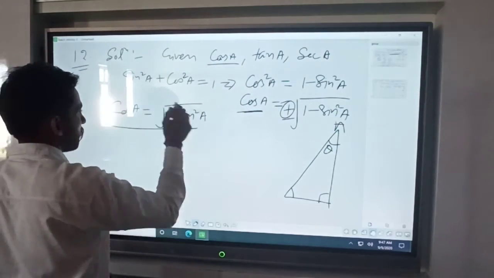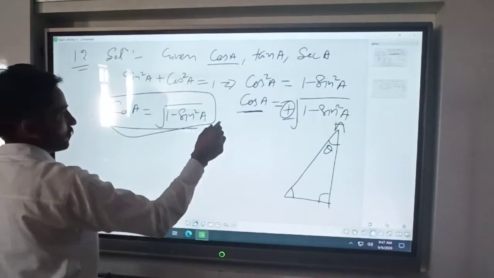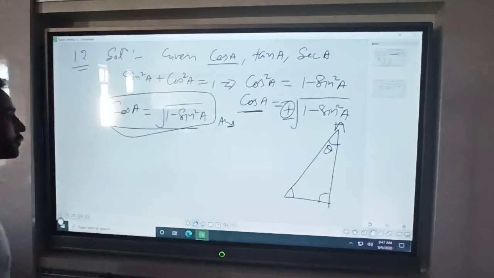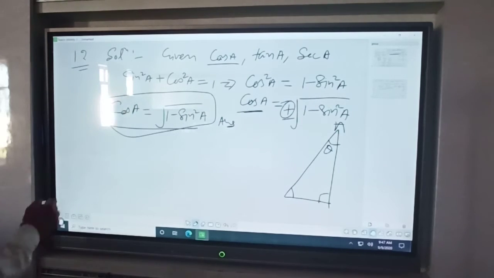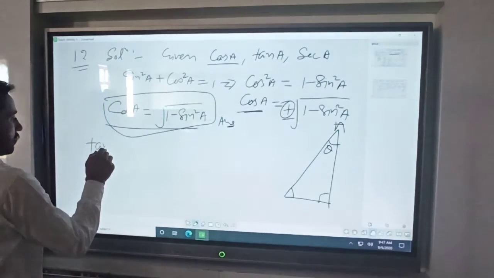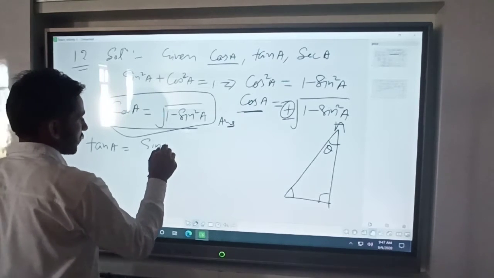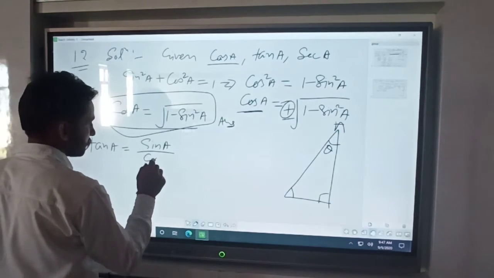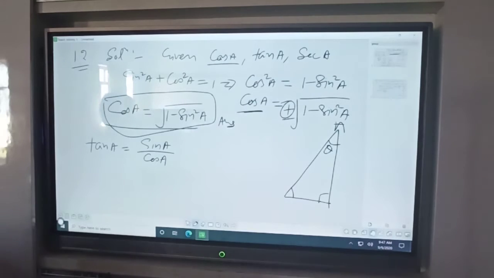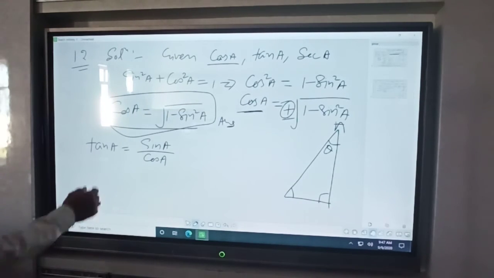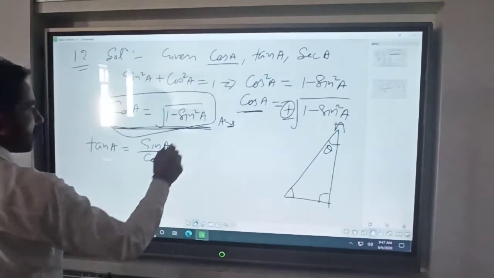ये हो गया हमारा cos. अब किसको लिखना है? tan को. What is the value of tan? tan A किसके इक्वल होता है? tan A is equal to sin A over cos A. Now sin A तो है लेकिन cos A आ गया साथ में. Now we have found firstly the value of cos A in our above step.